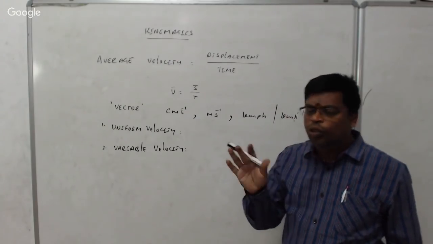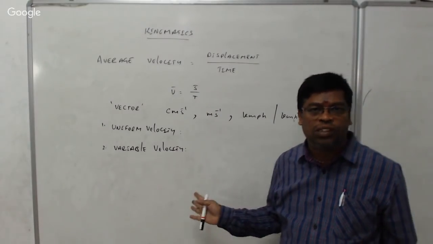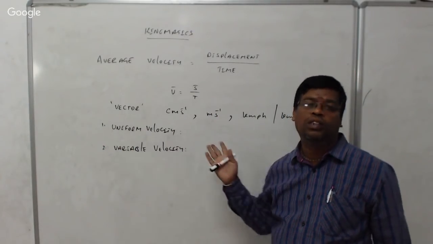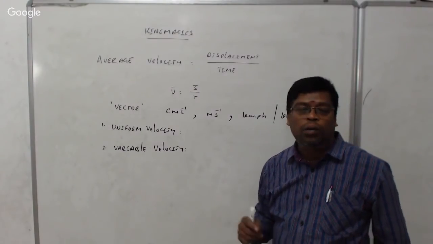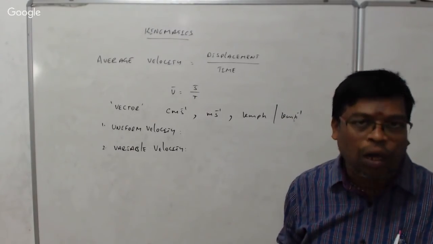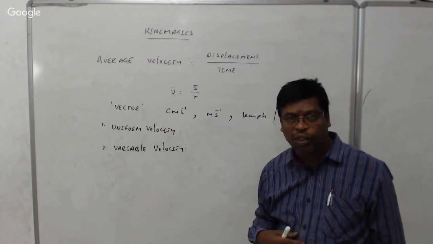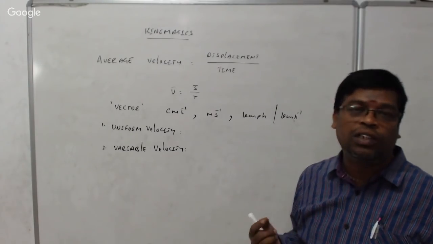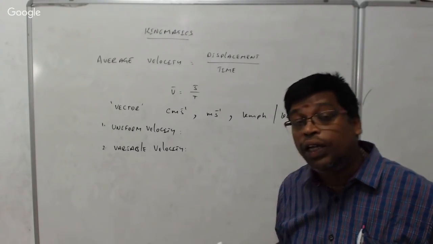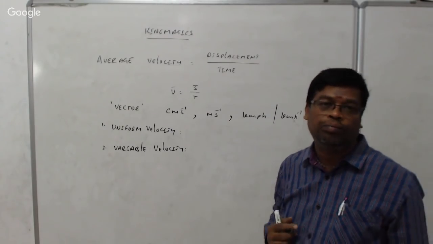Understood? There is no difference in terming all these with respect to speed and velocity. Both are the same, but speed has no direction, velocity has direction. That's all. Once again, a body is said to be moving with variable or non-uniform velocity if it covers equal displacement in unequal intervals of time or unequal displacements in equal intervals of time.